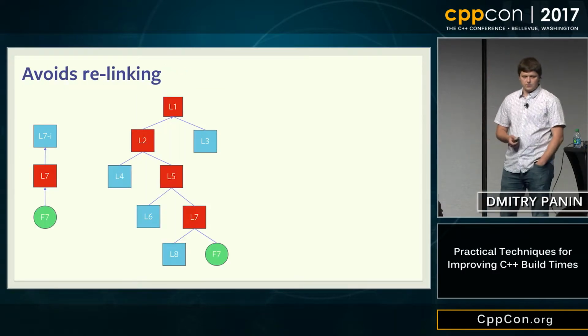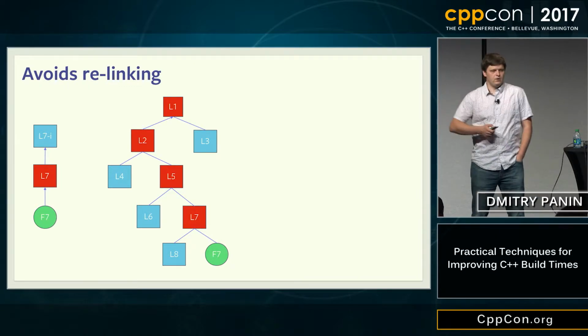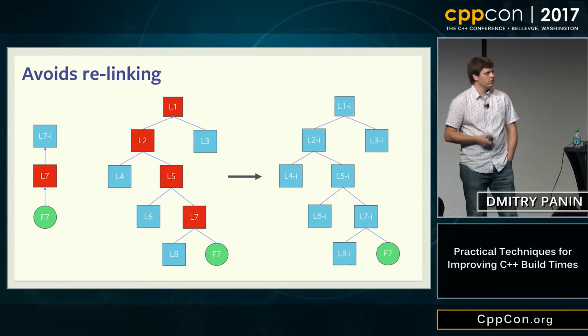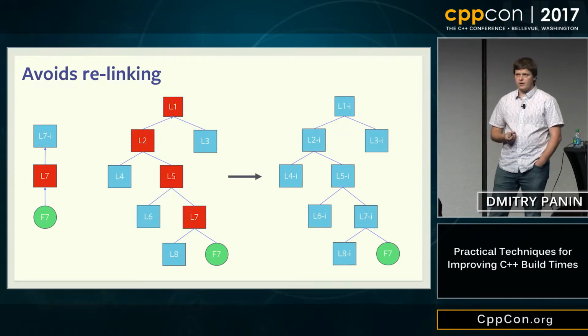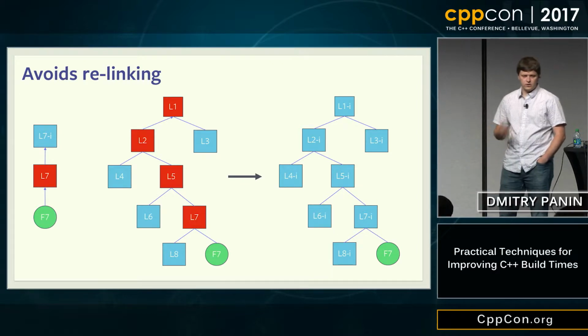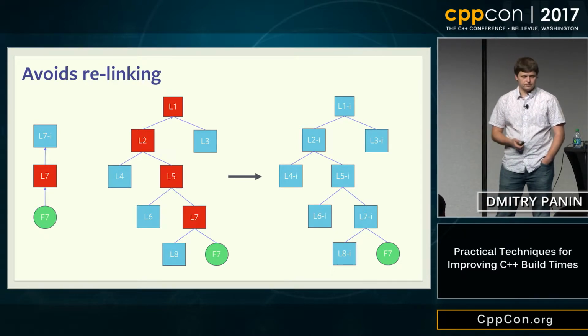Let's see how it helps with relinking. We have this scheme, and if we replace all libraries with this interface, then from the point of view of the linker and the build system, it only needs to relink library 7 here and doesn't need to relink the whole tree.